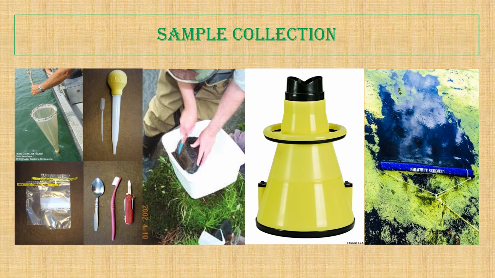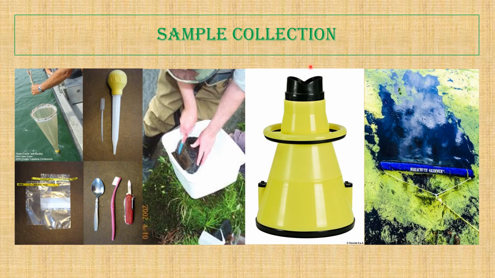For collection of the algal sample, we use different techniques. For example, in water where the water depth is high, we can use this type of net. Or if there is very shallow water, then we can use this type of scrubber.